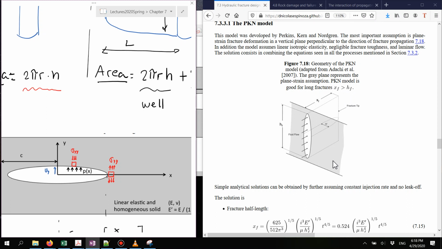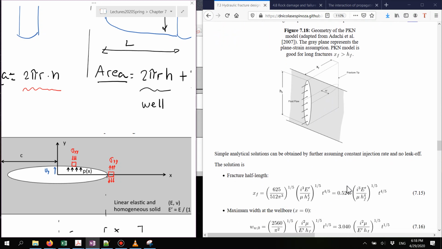And in this case, in order to arrive at this simple solution, we assume that there is no leakoff and that the net pressure at the tip, as we were saying before, is equal to 0. Assuming all of these hypotheses, you can arrive at this equation.